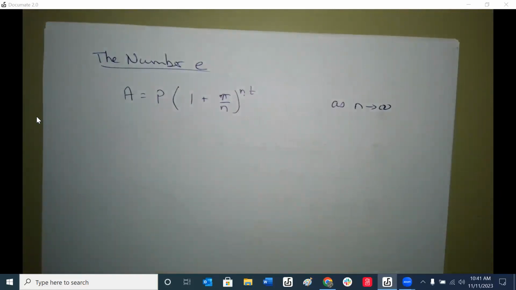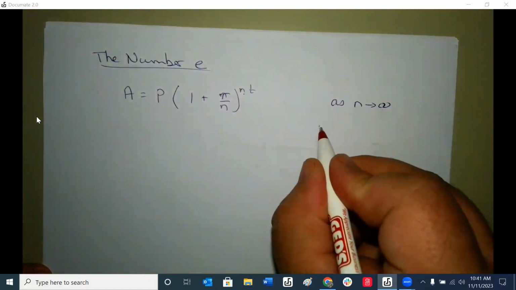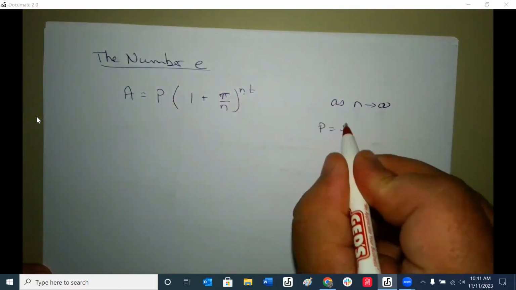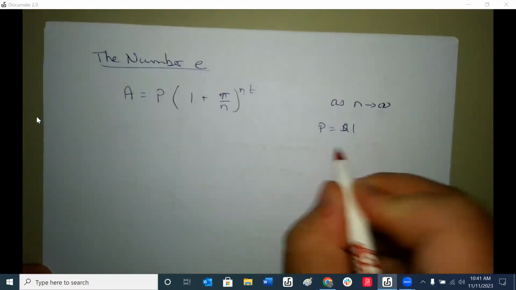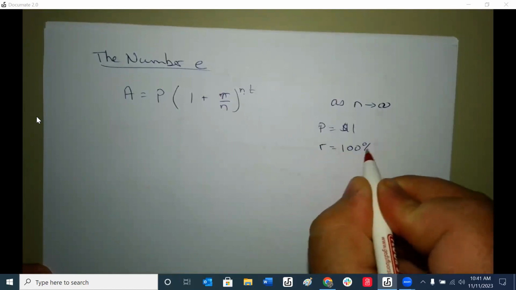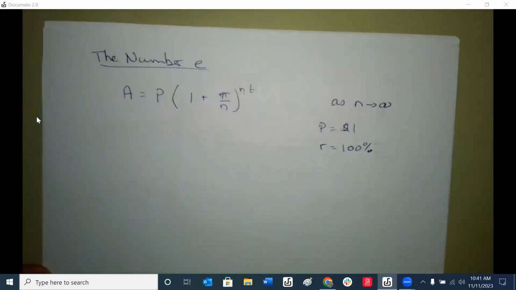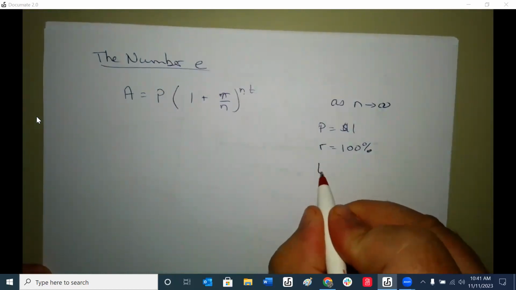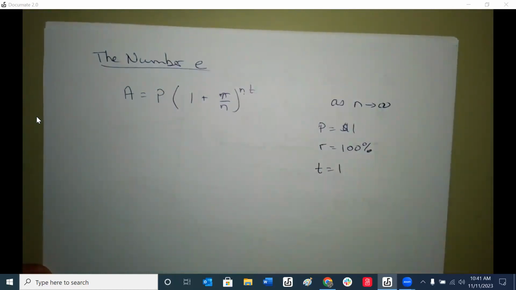So what happens here is, if you took $1 and invested it, and the interest rate was 100%, for 1 year.